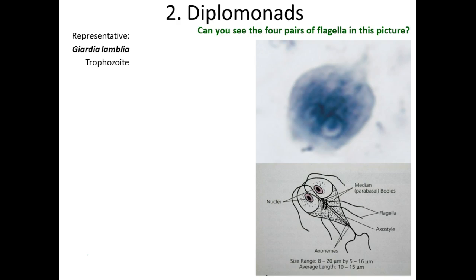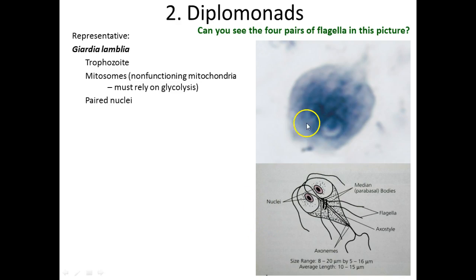And this is the trophozoite. In addition, they have non-functional mitochondria, so they must rely on glycolysis. These are referred to as mitosomes. Paired nuclei, which kind of look like eyes.